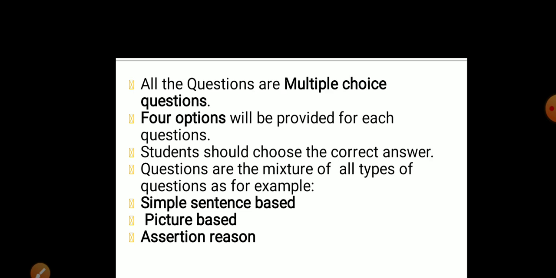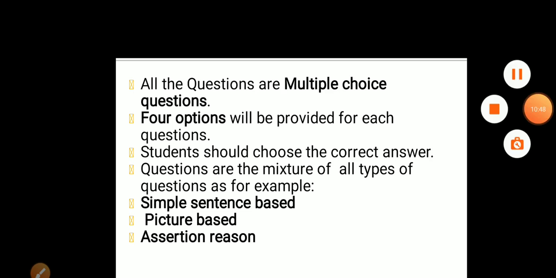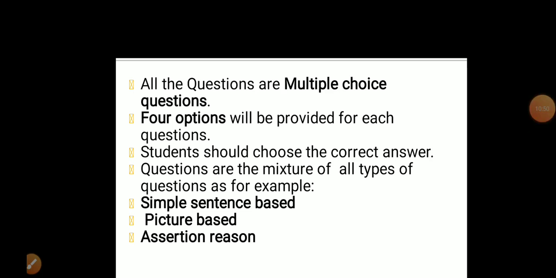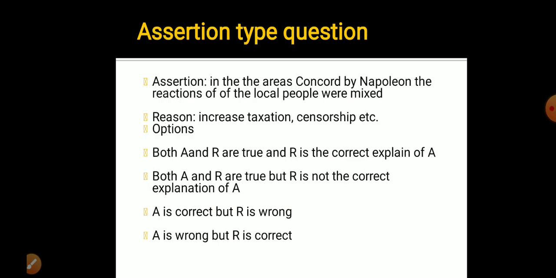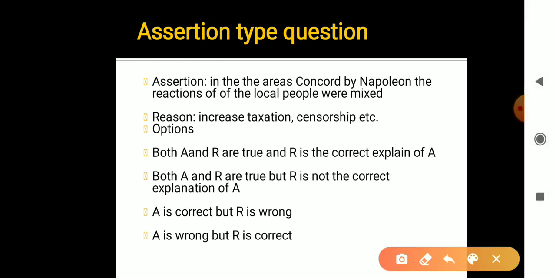For example, French Revolution. Here I want to give you an example. Let's try to understand this assertion question, 9th standard children, with the example. Here I have mentioned one assertion type of question. In the assertion, children, you will get a kind of statement. For example, I have mentioned: in the areas conquered by Napoleon, the reactions of the local people were mixed.